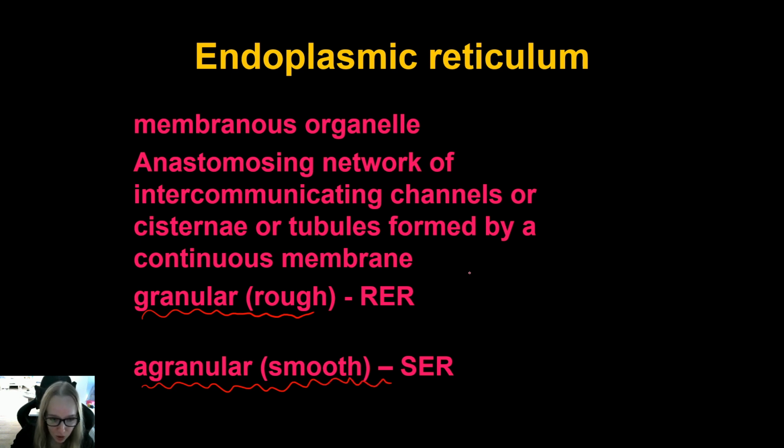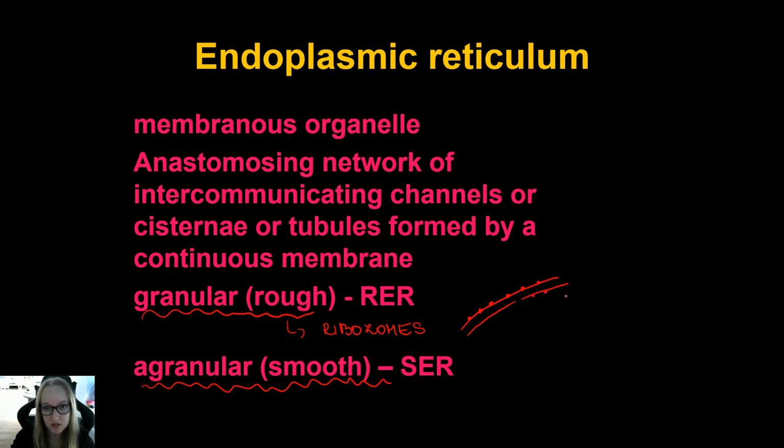You probably know that granular or rough endoplasmic reticulum is rough because of ribosomes that are attached to it. So there is a cisterna here, a section through it, and there are ribosomes attached to the membrane of the endoplasmic reticulum.